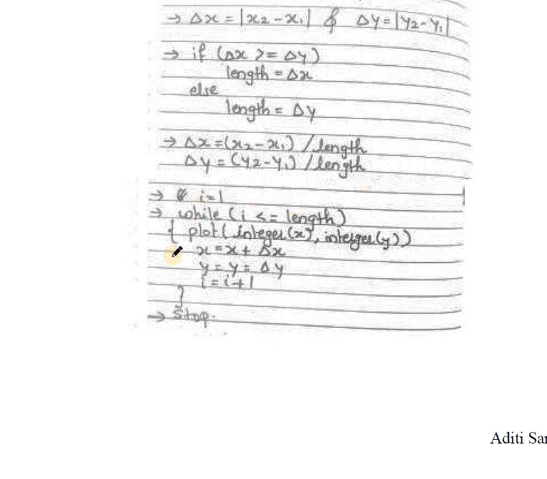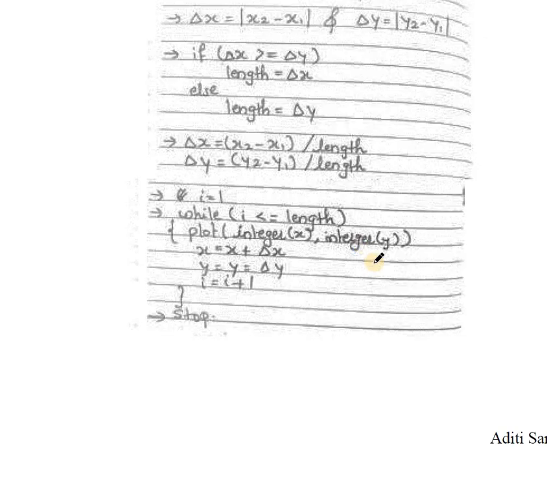Now, the actual line drawing process goes as follows. We initialize I, which is our iteration variable, I is equal to 1. The condition is I is less than or equal to length, so the loop will continue working till I is less than or equal to length. We plot the point x comma y.